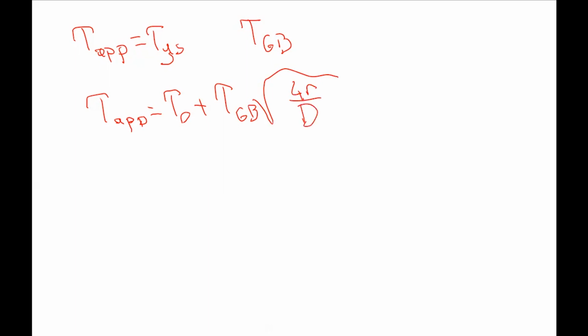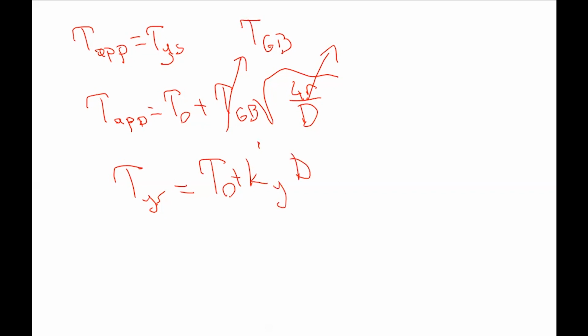And basically, tau grain boundary and r are essentially constants, which can reduce the equation into tau yield stress is equal to tau 0 plus k yield prime d to the minus 1/2.